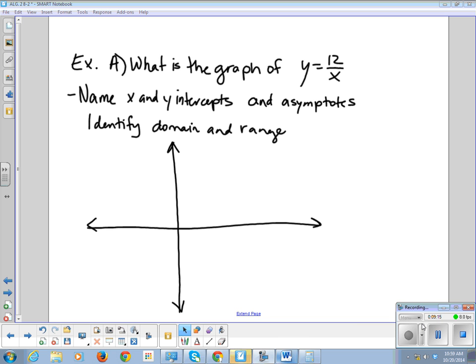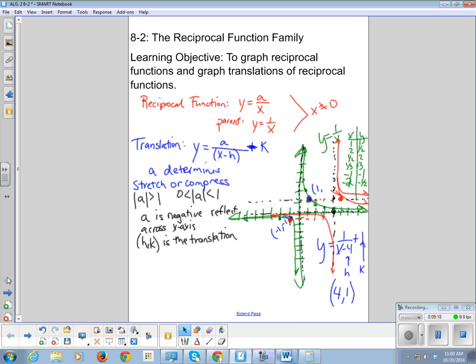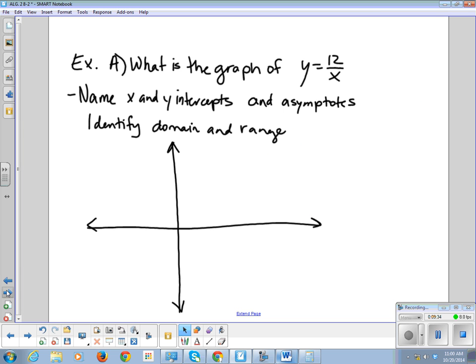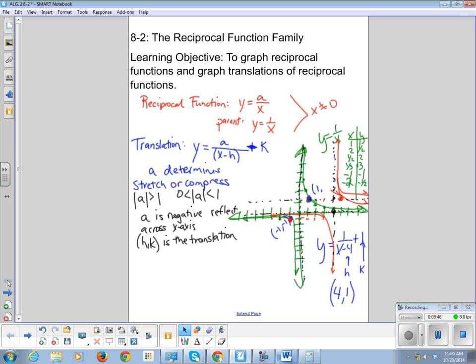So given what we have here, our reciprocal parent function looks like y equals 1 over x, and the function that we have is either going to have a stretch or a compress. So let's look at our equation. Does it have a stretch or compress? If a is greater than 1, it's a stretch.